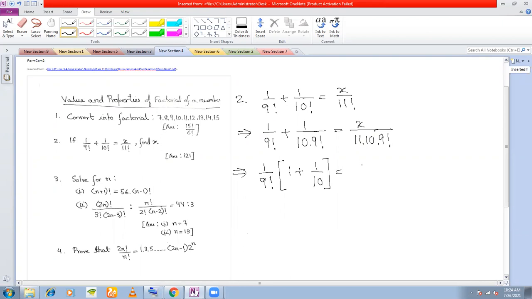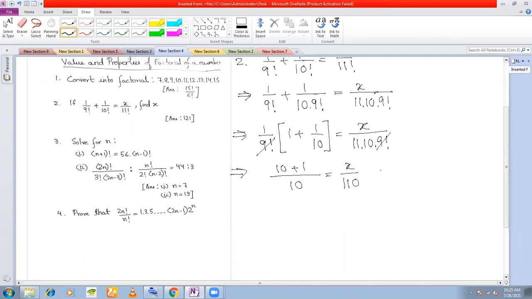And here what are you left with? 11 into 10 into 9 factorial. Right? So this 9 factorial cancels. And you take the LCM here, you get 10 plus 1 by 10 is equal to x by 110.